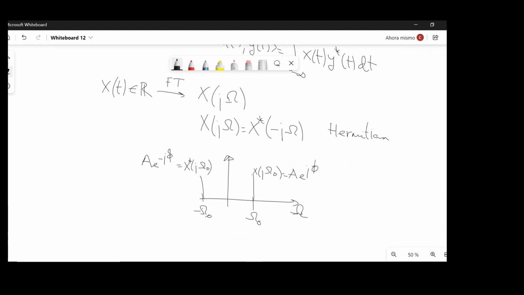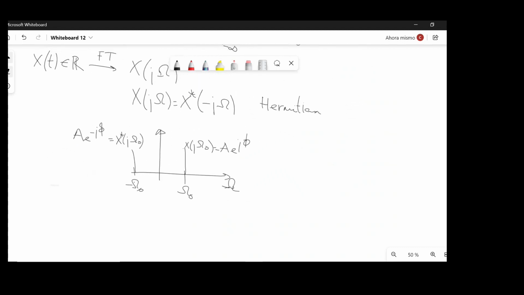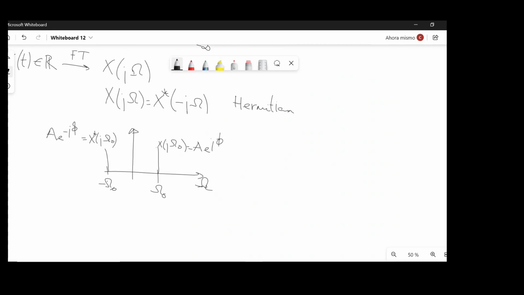Okay, so now, why does it help? Because let's say that you will do the inverse. So I do the inverse Fourier transform.